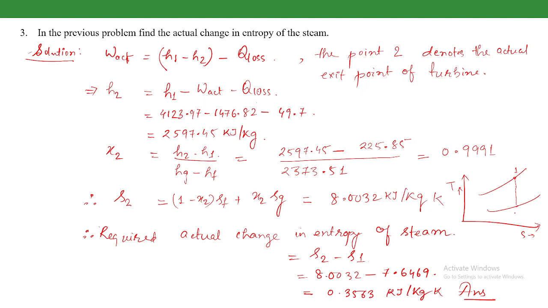So this is 2s. The actual process deviates, inclining like this. The isentropic efficiency, if you also calculate directly from the table, you can use as H1 minus H2 divided by H1 minus H2s. That will also give a similar result.